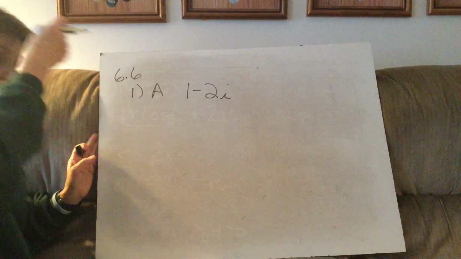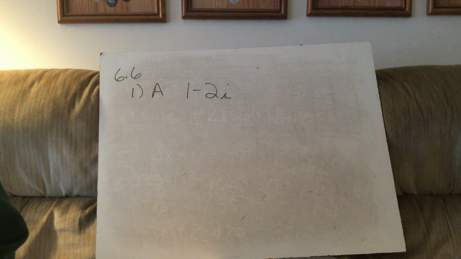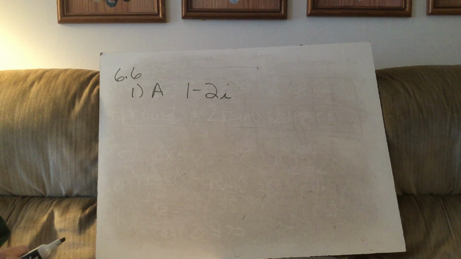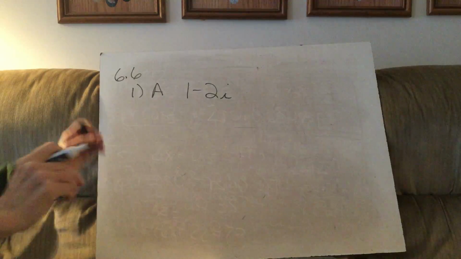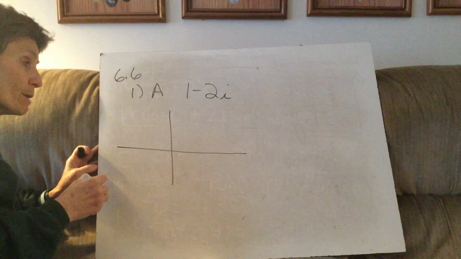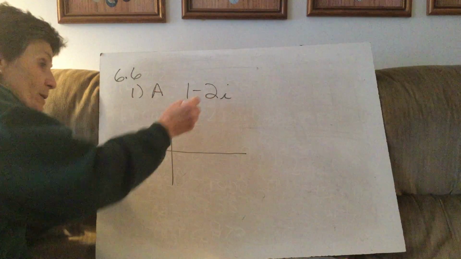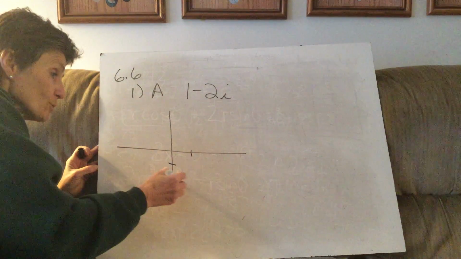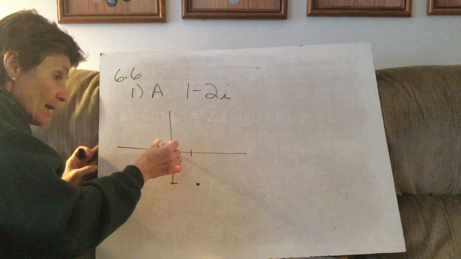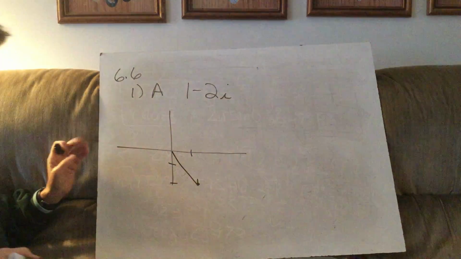Now, this is called a complex number. You've seen those before. And now we're going to graph it, and it's very, very simple. We're going to graph it on a regular Cartesian framework. And we're just going to count over 1 and down 2. So we're going to plot the point 1, negative 2, and make a little vector that comes out like that.